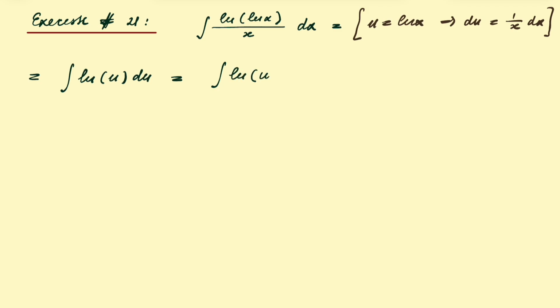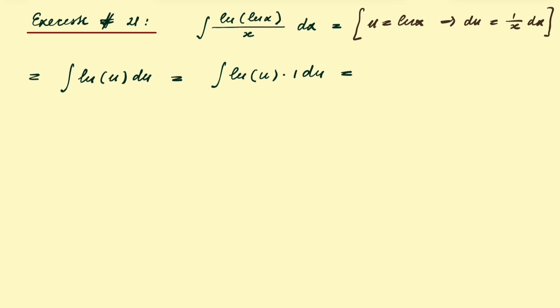In our particular case, it's ln of u times 1 du, right? We do this to use integration by parts. Indeed, it's not necessary to write 1 here. We can just take du as our dv, but writing 1 gives more of a feeling of what we are doing right now to most students.